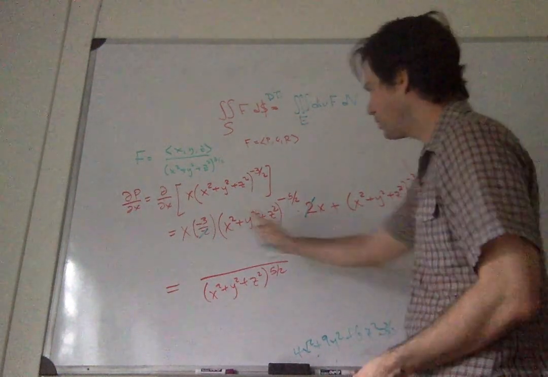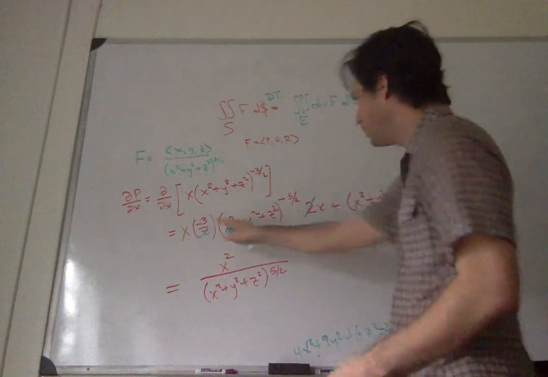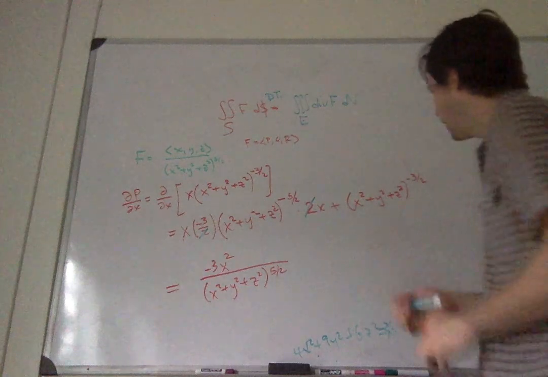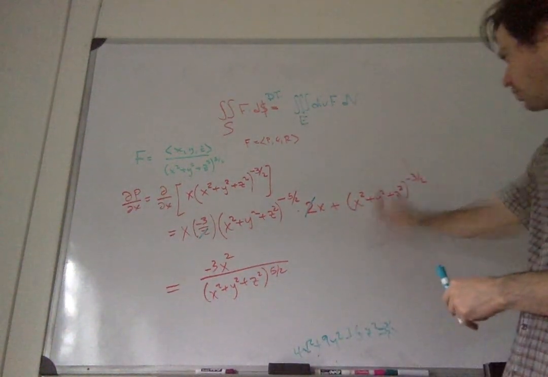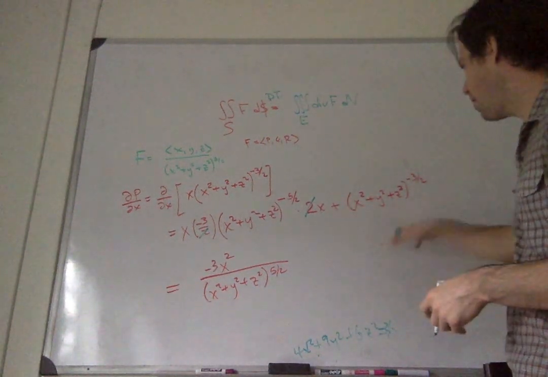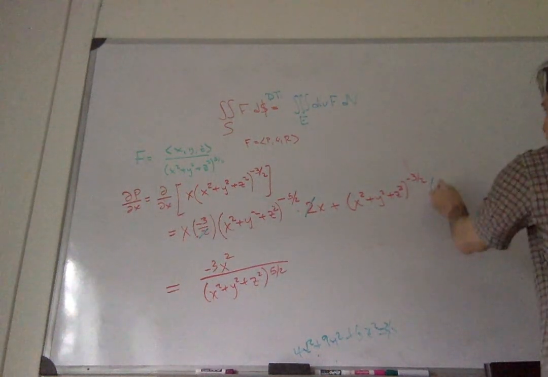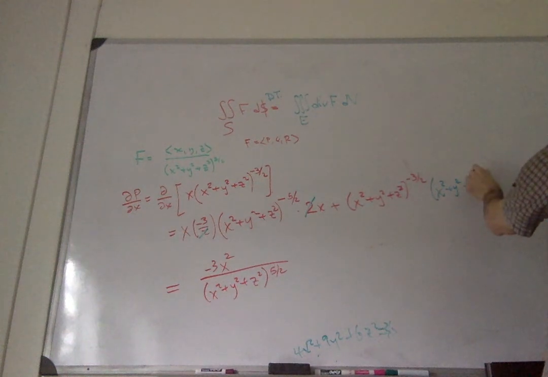So x times x is x squared, and then there's this negative 3, so negative 3. Now, I have this extra bit right here. So in order to get a common denominator, I need to multiply by this, right?